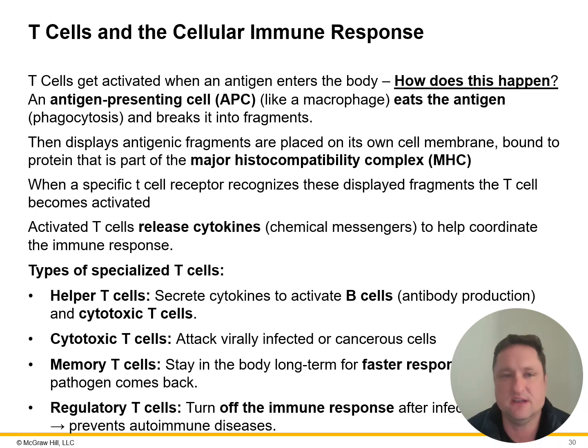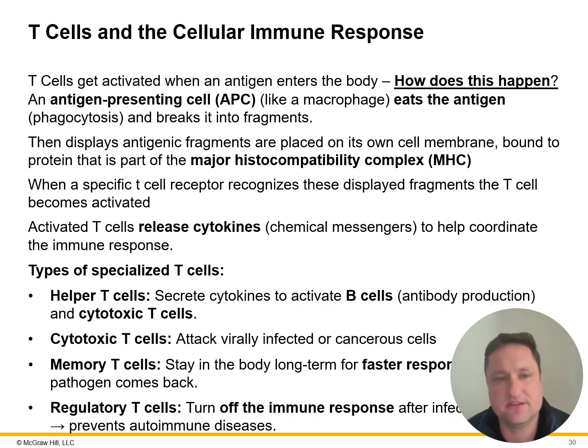Those fragments sit in a special holder protein called MHC, the major histocompatibility complex. A passing T cell constantly scans these displays, and when a T cell specific T cell receptor matches an antigen MHC complex, the T cell activates.